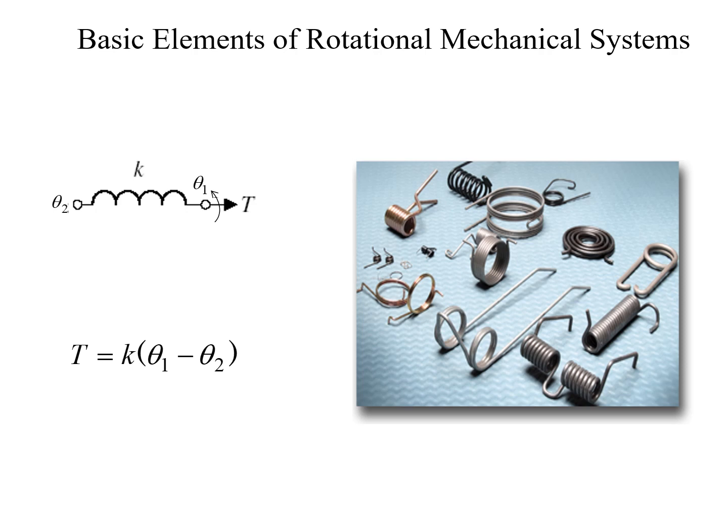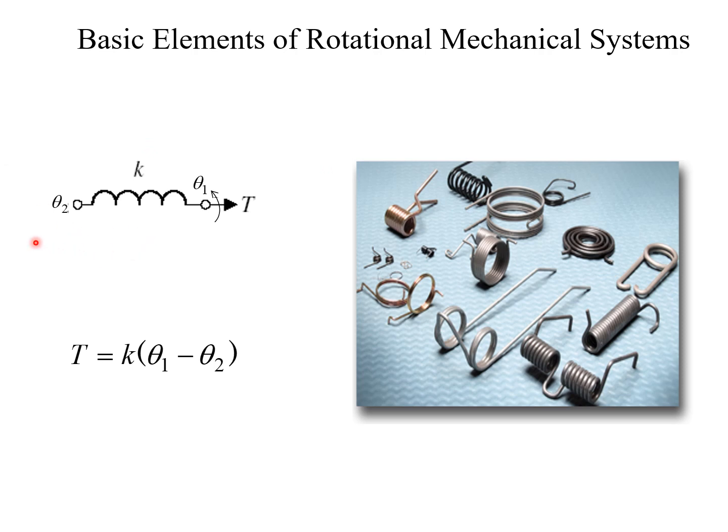Here a few pictures of rotational mechanical elements used practically to build a system are shown. You can observe a spring, a dashpot, followed by an inertial element, wherein the motion will be rotational.